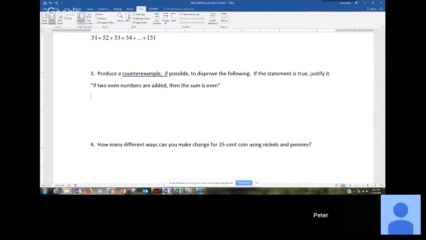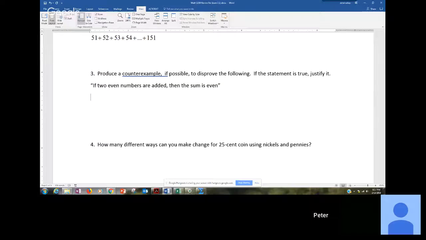A counterexample is an example that disproves something. Yes, sir. So if I say I'm going to flip a coin and it's going to land on heads every time, then all you got to do is take out a coin and flip it and it lands on tails. You're like, here's tails. It didn't work.